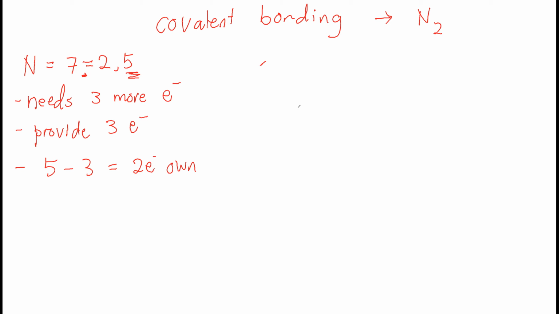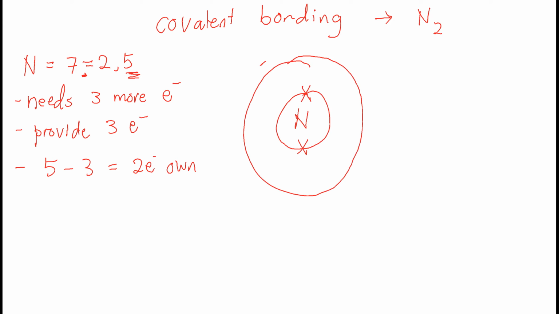With that, we can draw the electronic structure. So first we draw the nitrogen nucleus. We draw 2 electrons in the innermost shell, and bear in mind in the outermost shell we have 3 electrons in the bond and 2 electrons of its own. So 2 electrons of its own, and then 1, 2, 3 electrons involved in bonding.